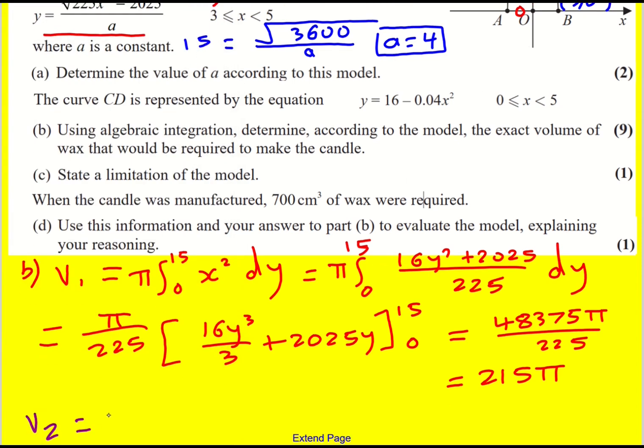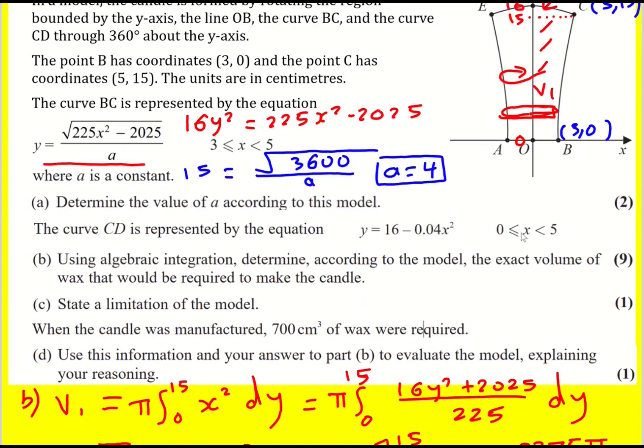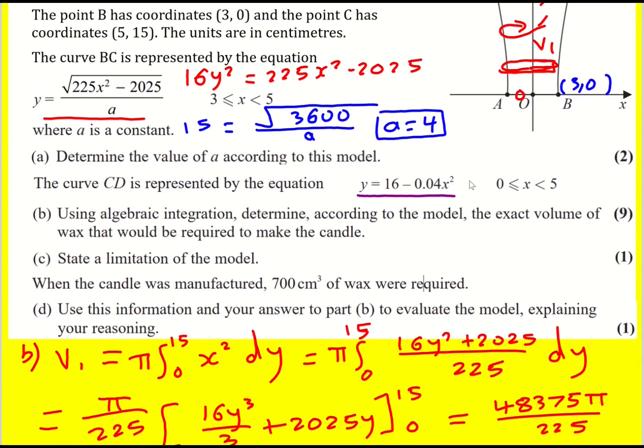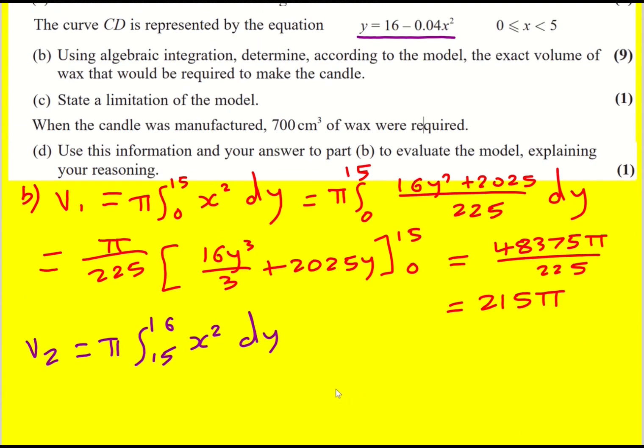This leaves us with V2, which now we're integrating between 15 and 16. And it's this second curve, y equals 16 minus 0.04 x squared. Now I still am integrating x squared with respect to y to get these little cylinders.